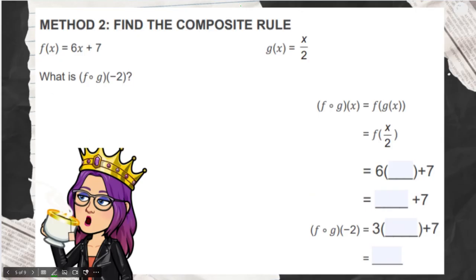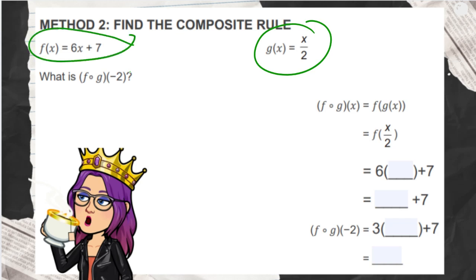All right, find the composition function. Once again, same one from the previous page for the g(x), but not for the f(x), okay? So now composition of -2.